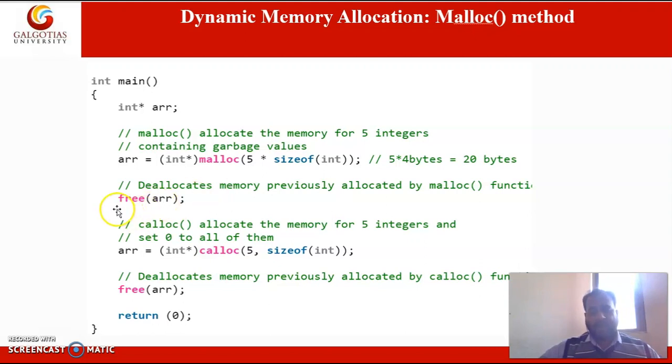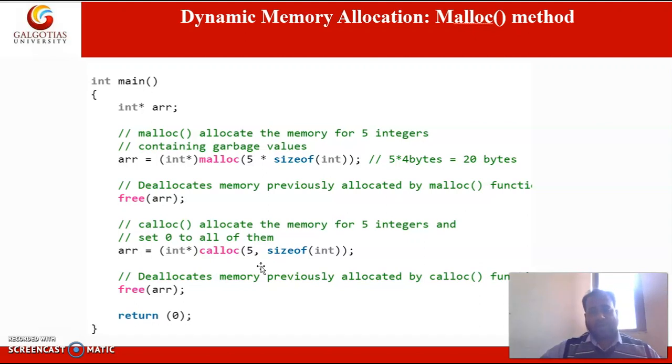Here you can see the free method we have used to free the allocated space, and in the next statement we have reallocated space to variable arr using the calloc method.